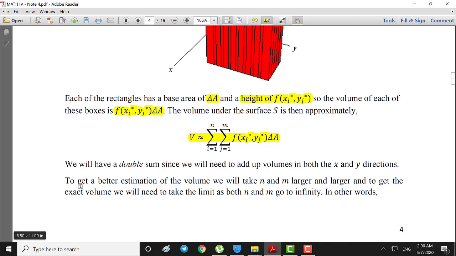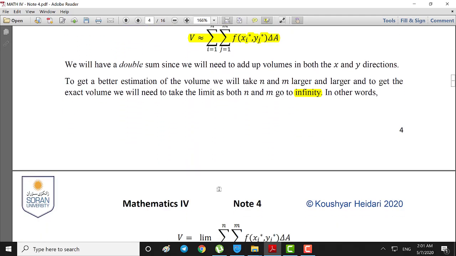Now, to get a better estimation of the volume, we will take n and m larger and larger, and to get the exact volume, we will need to take the limit as both n and m go to infinity. So, the limit of this double sigma when n and m both go to infinity is going to give you the exact volume under the surface S, which we're going to call what?